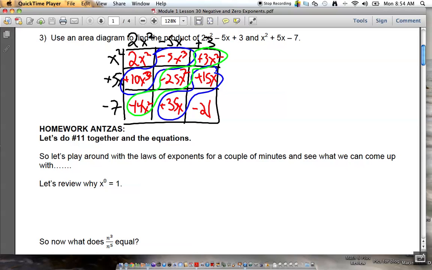Okay, so this is supposed to be a 4 there. So we have 2x to the 4th, then minus 5x cubed and plus 10x cubed is plus 5x cubed. Now 3x squared, that's minus 22x squared, which is plus 22x squared, and plus 40x, and minus 21.